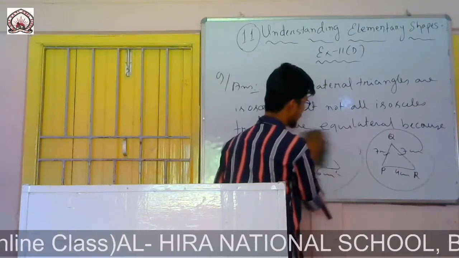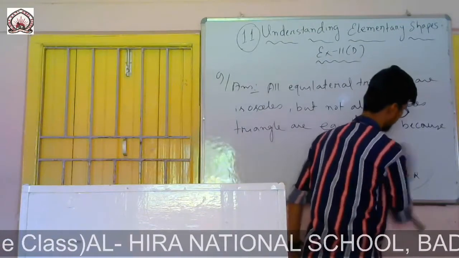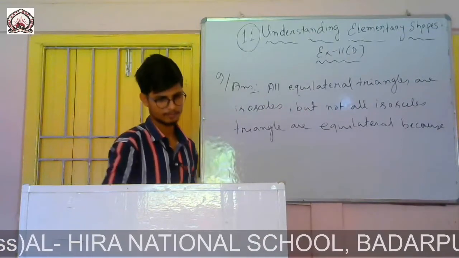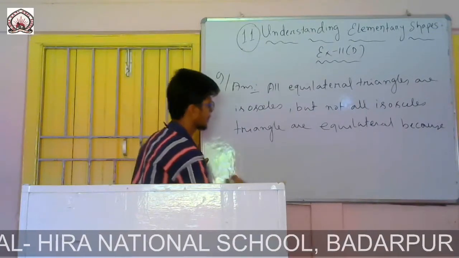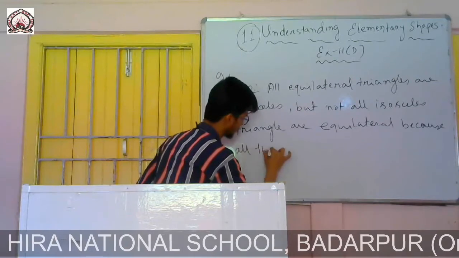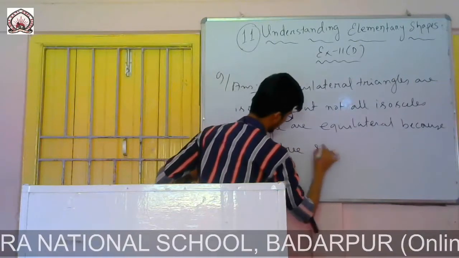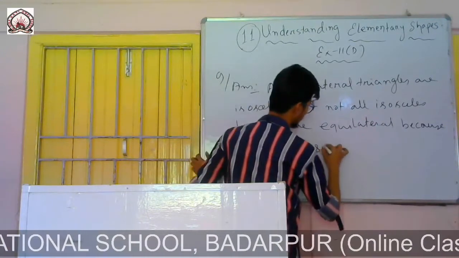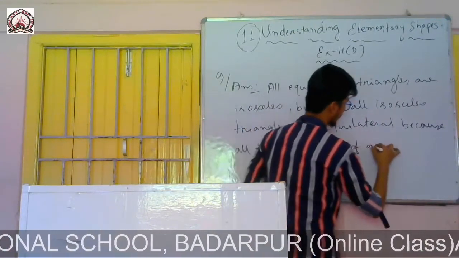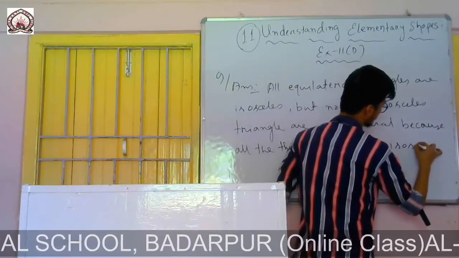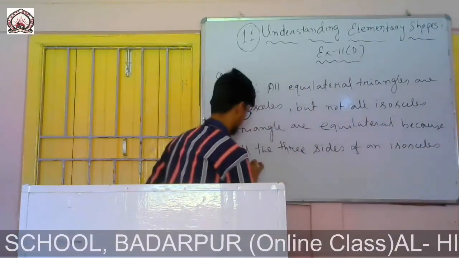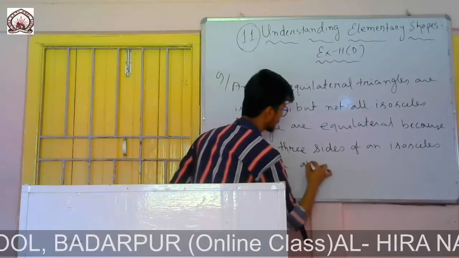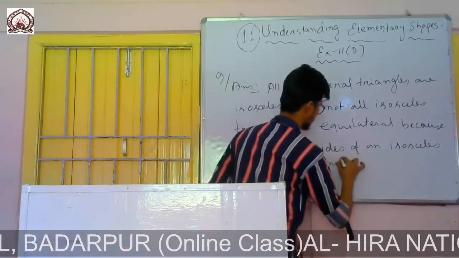So the reason will be: because all the three sides of an isosceles triangle are not equal.